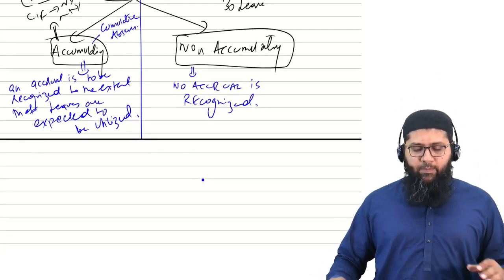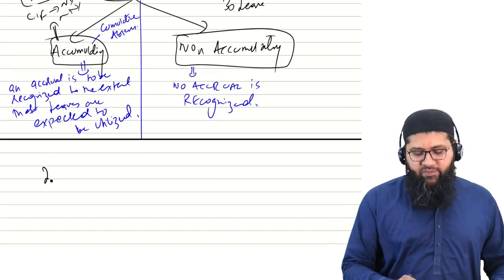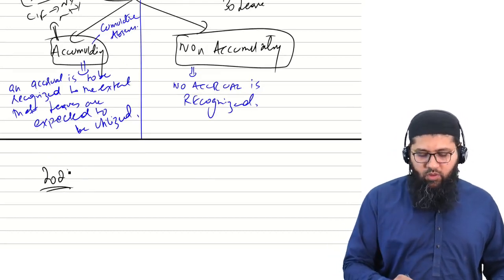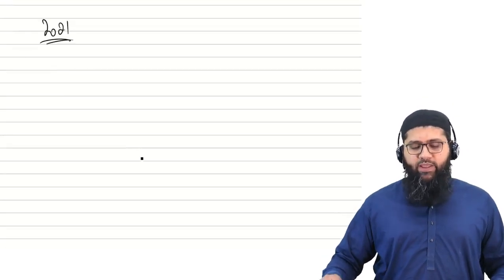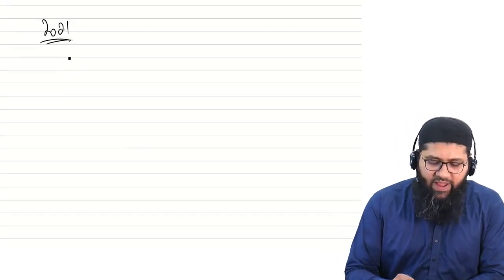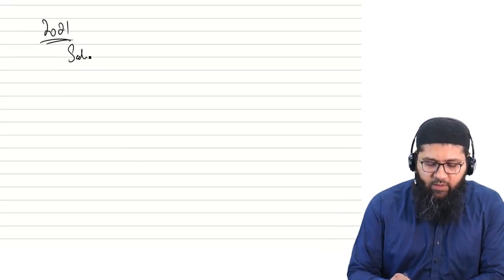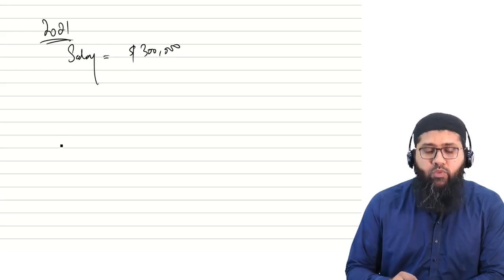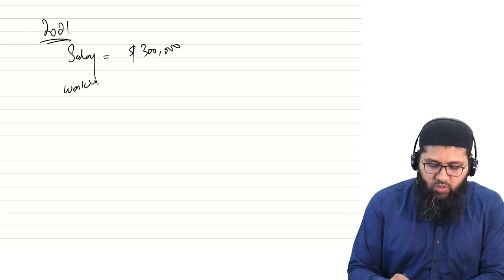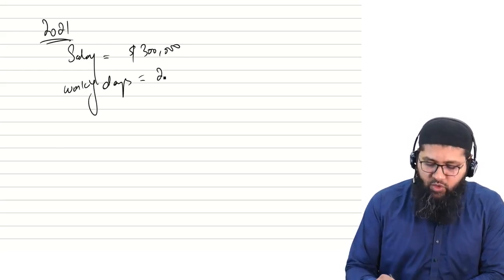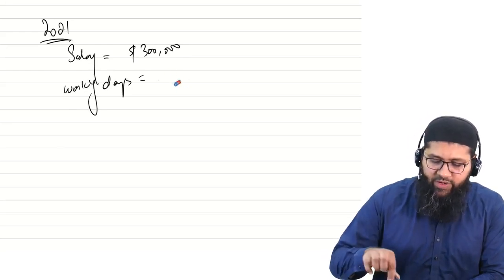Now, for example, let's say this is 2021. What happened in 2021 is that the employee was paid a total salary of $300,000. The working days were 225.